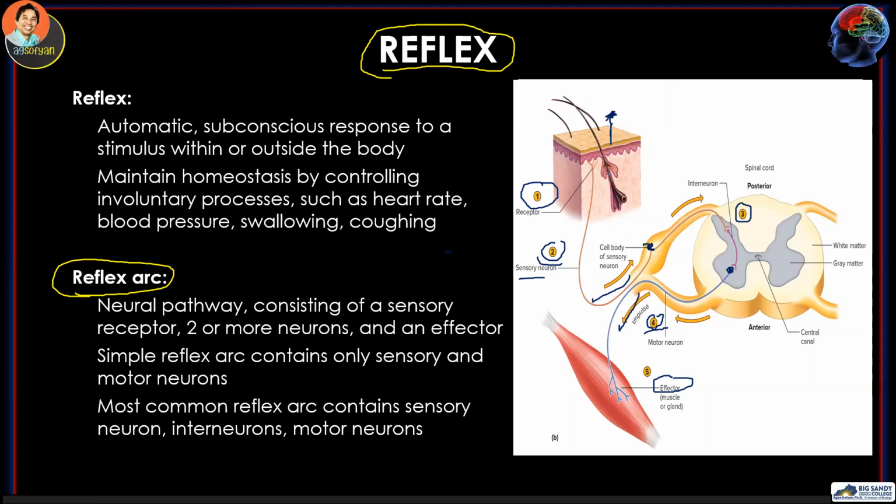So this is how the reflex is done, by the motor neuron in the spinal cord. There is no connection to the brain. This is to maintain homeostasis, as sometimes we have to act faster and don't need the brain involved in this process.